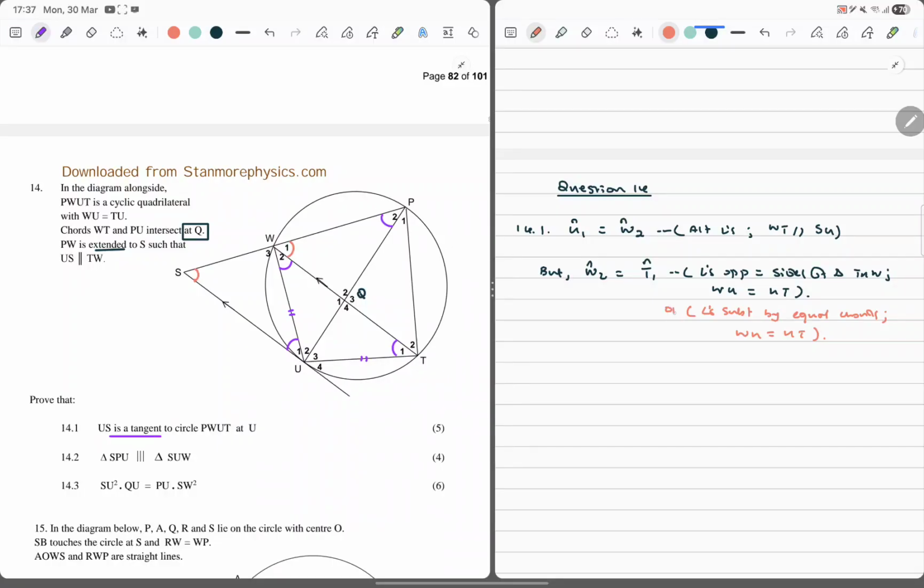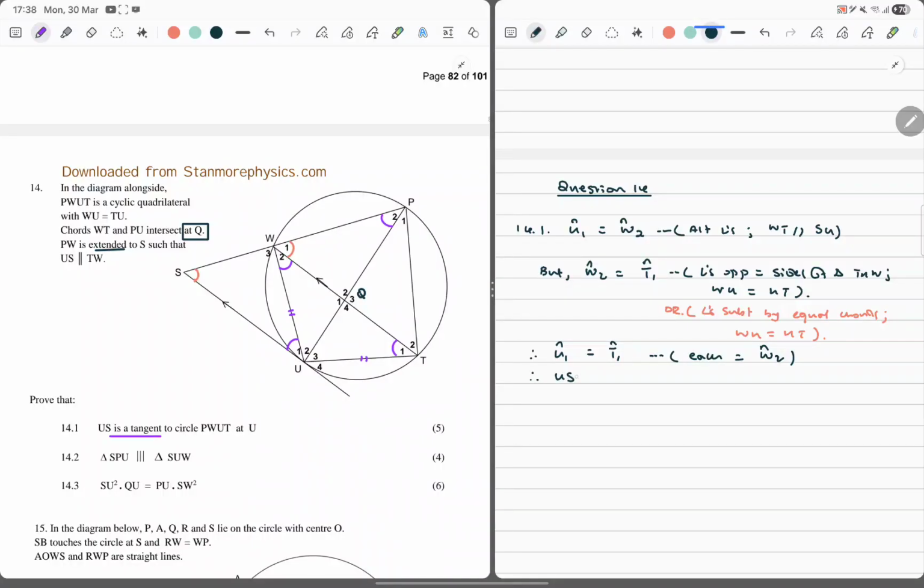So that's the alternative reason that a student can provide. All right, folks, now we are good, because we now conclude that U1 is equal to T1. Each equals W2, if you've lost track of it all, but it should be easy.